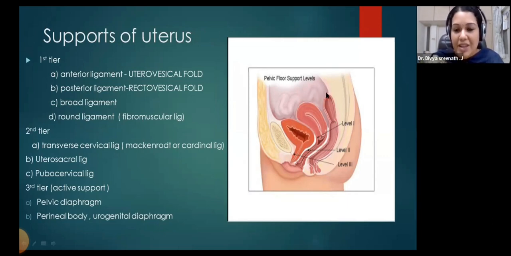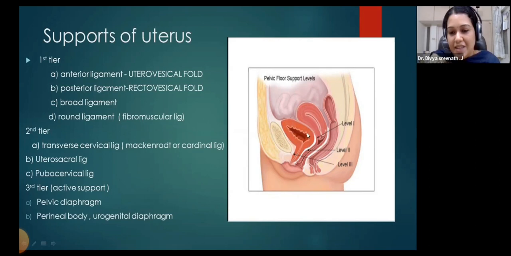Here is the posterior ligament, and laterally this is the broad ligament with support to the lateral pelvic wall, and also the round ligament. The round ligament from the corner of the uterus gives a forward pull. So these contribute to the upper tier: the anterior ligament, posterior ligament, lateral ligament, as well as the round ligament. This is the first tier of support.